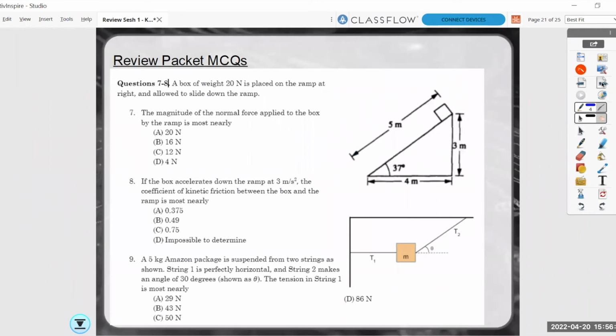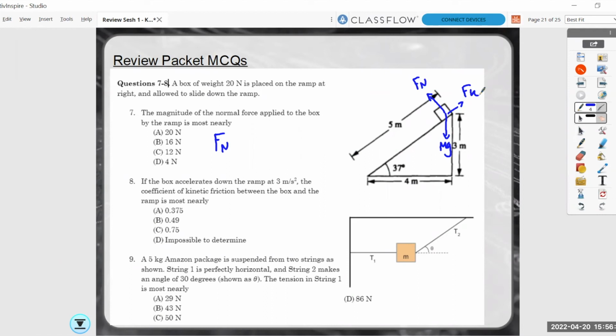All right. Here we got some ramp questions. Ramps are great. The magnitude of the normal force. Remember, of course, the magnitude of the normal force here, if we sketch out our free body diagram, mg, we are going to have some friction in this case, Fn.